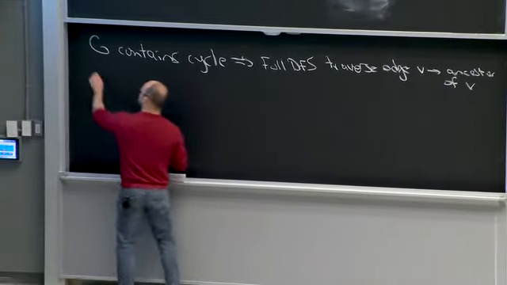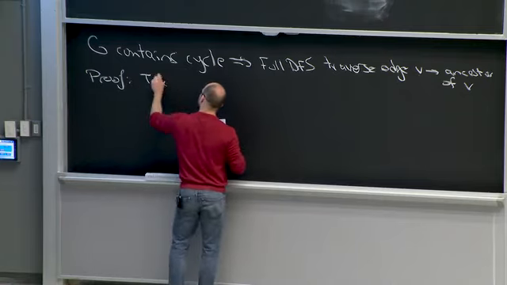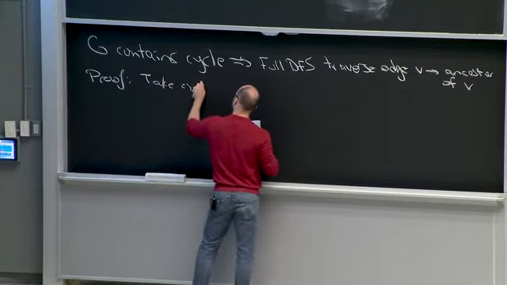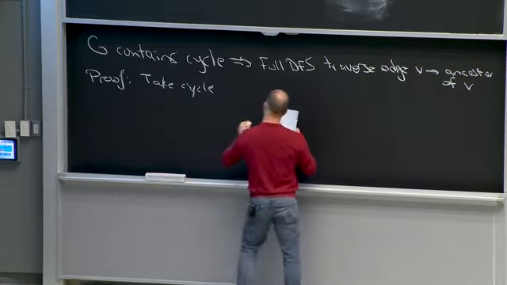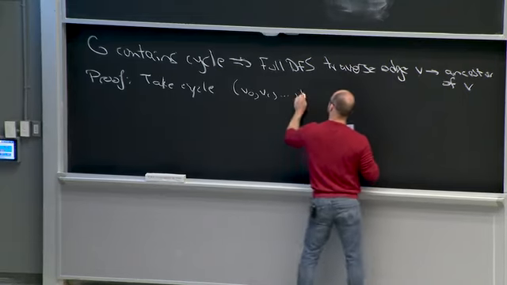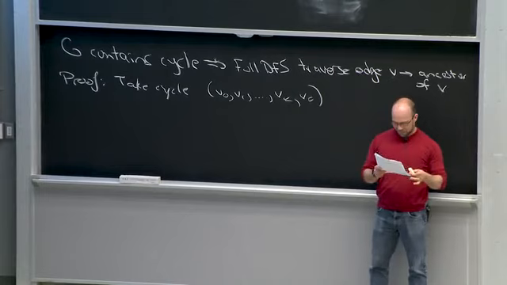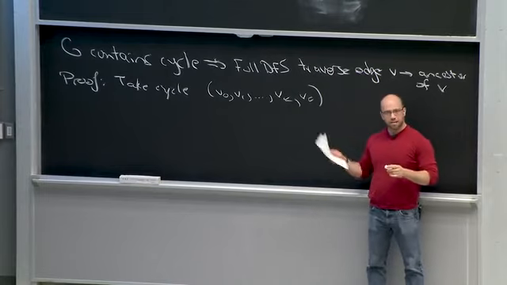Okay, so how could we prove that? Well, let's take a cycle, and we'll give it a name. In particular, we'll say that it's a cycle from V0, V1 to VK, and then it's a cycle, so it goes back to V0. Okay? And I can order this cycle any way I want.